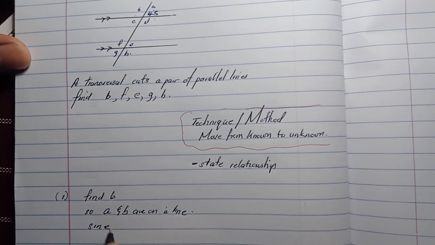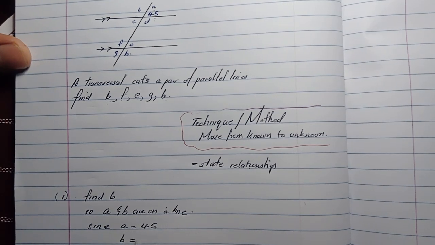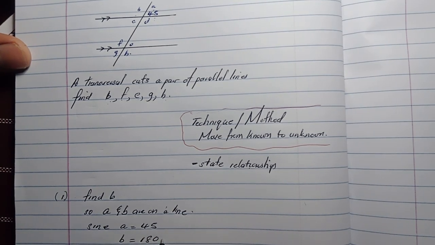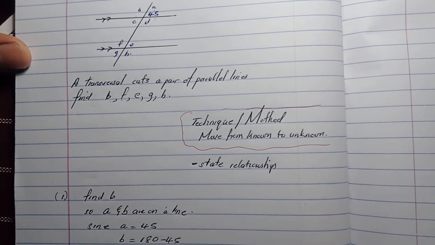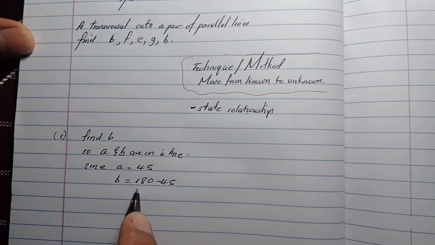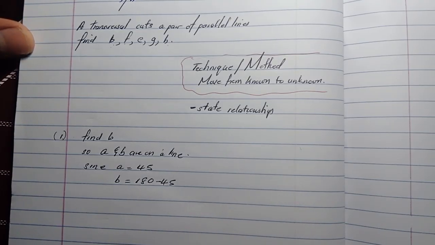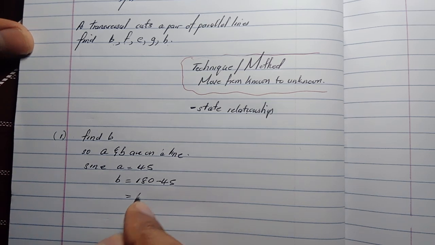Since A is equal to 45, then B is equal to 180 take away 45. So you're going to get 135.